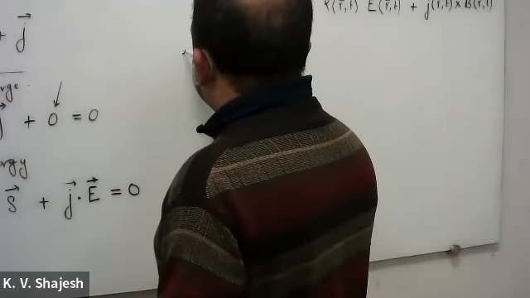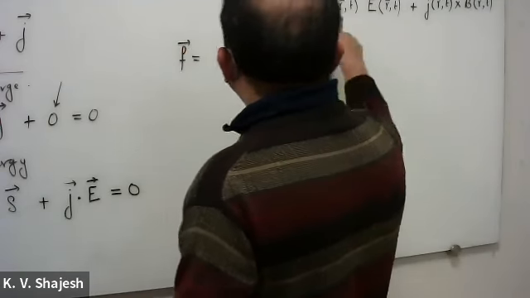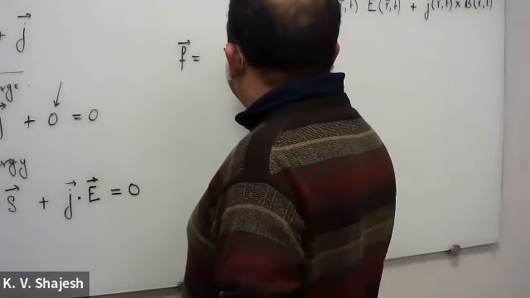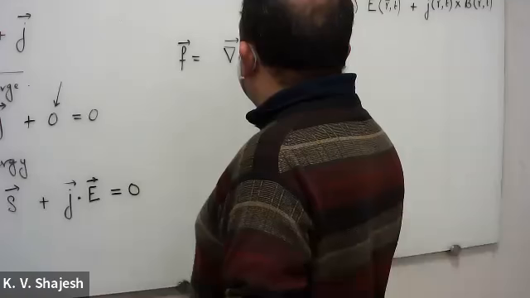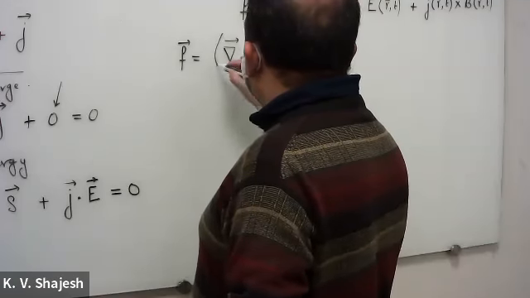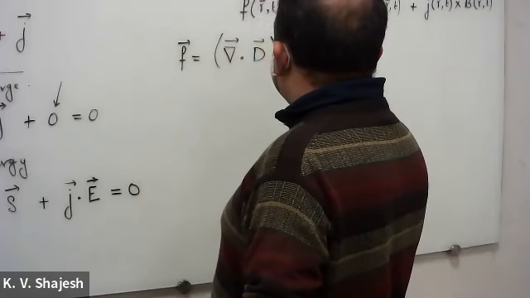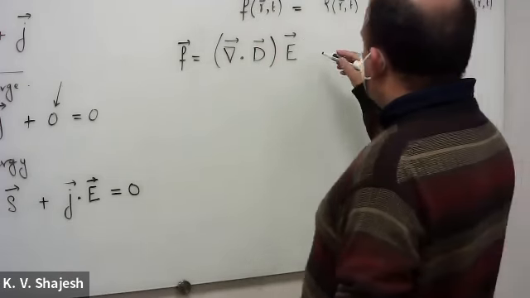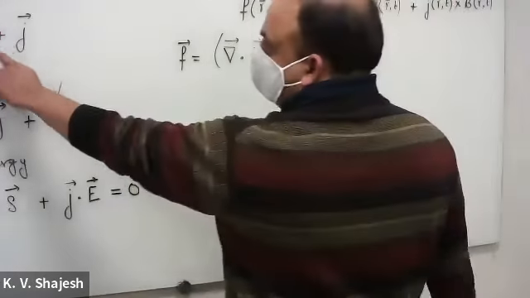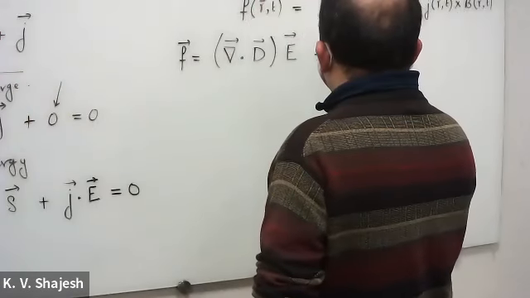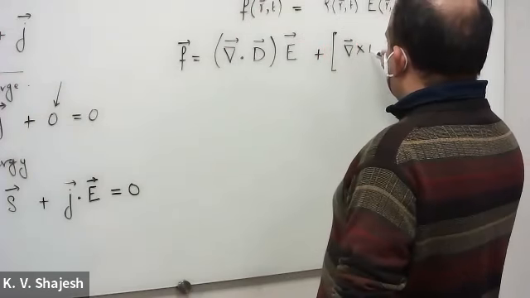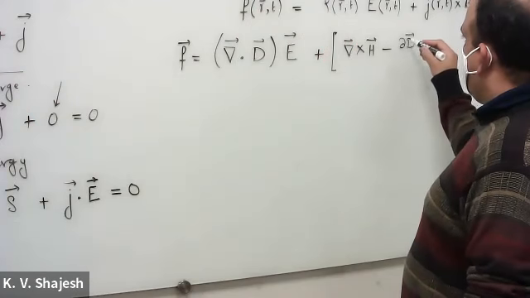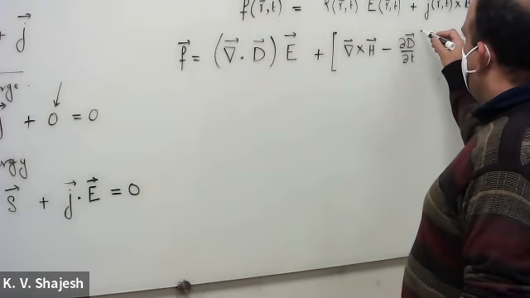So F is equal to charge density, using Maxwell's equation, what is rho? It's del dot D, times E. That's a scalar multiplied by a vector, plus the current density. Let's use the fourth equation. So I have del cross H minus dD by dt.